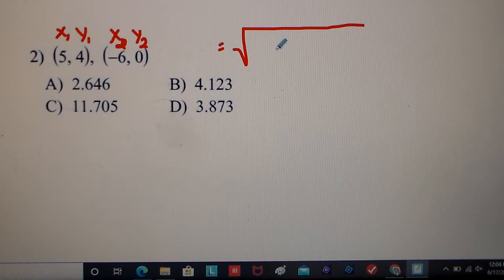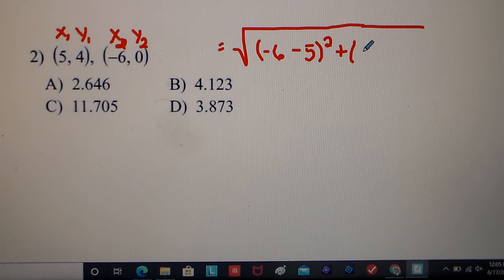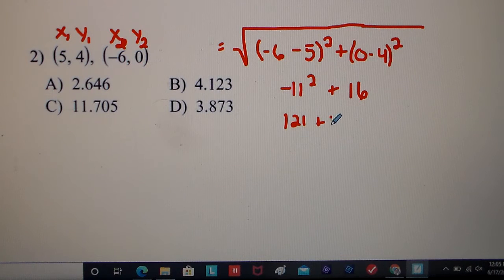So to find that distance, we do the square root of x2, which is -6, minus x1, which is 5, squared, plus y2, which is 0, minus y1, which is 4, and we square it. -6 minus 5 gets you -11, so we have -11 squared, plus 0 minus 4 gets you -4. -4 squared is 16. -11 squared gets you 121, so we have 121 plus 16.